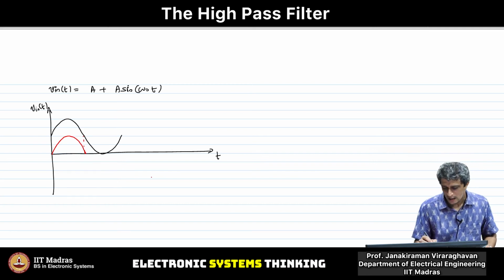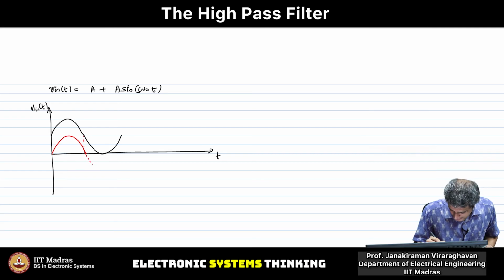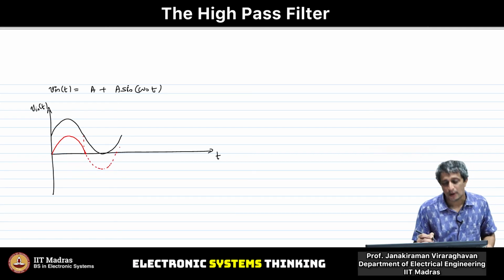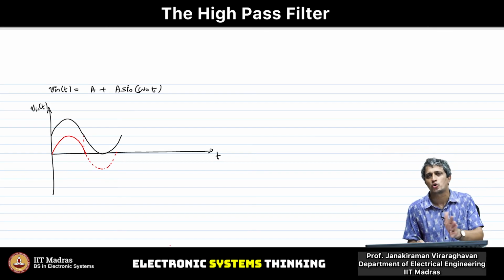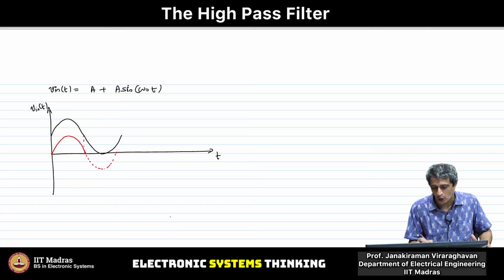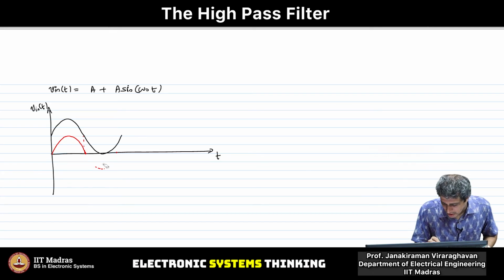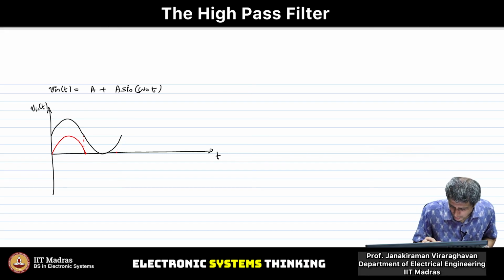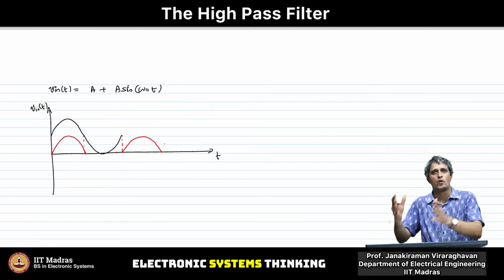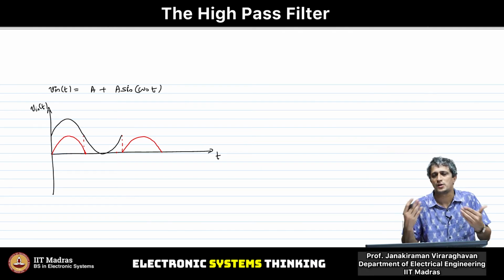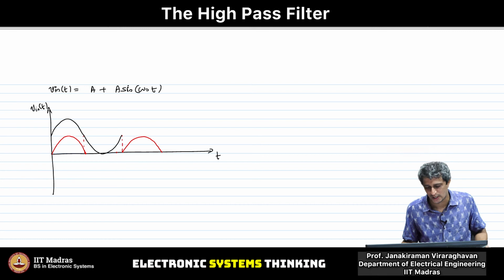There is this negative part, by the way, but the ADALM kit cannot show you the negative voltage, and therefore you will not see this part, you will only see this half. This voltage will keep repeating like this; you will only see the positive half cycle, not the negative half cycle.